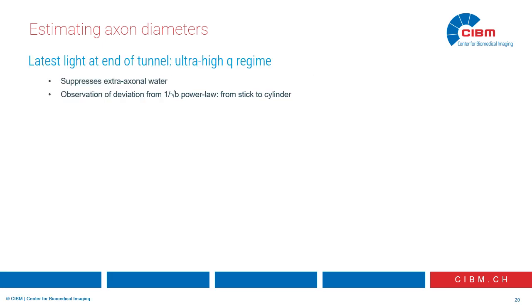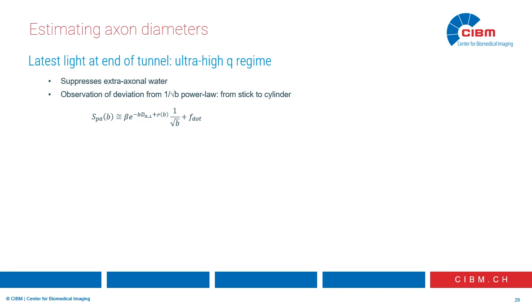However, the latest light at the end of the tunnel for this estimation of axon diameters has been shown very recently to be going to the ultra high Q regime, where you're suppressing the extra-axonal water, but also going so far that you start to observe a deviation from the 1 over square root of b power law. So you're moving from the stick model to the cylinder, and you're effectively able to measure its radius.